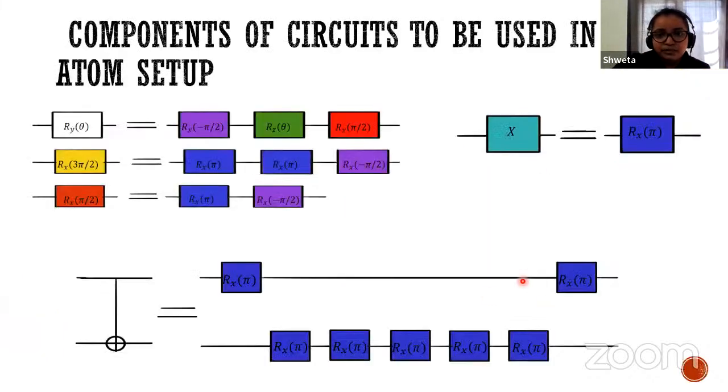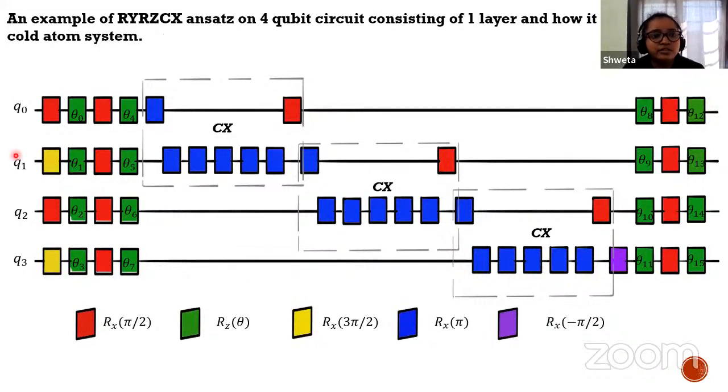So here you can see these are the 4 qubits, Q0, Q1, Q2, and Q3. For the first atom, we first need an X gate, which is a Pauli X gate, and as explained, that X gate is an RX pi pulse.